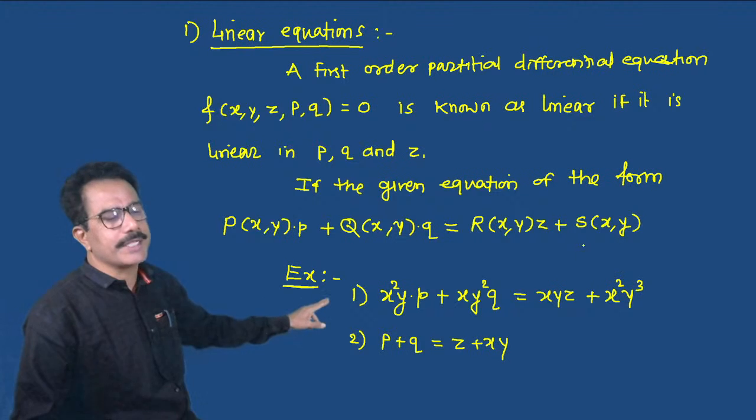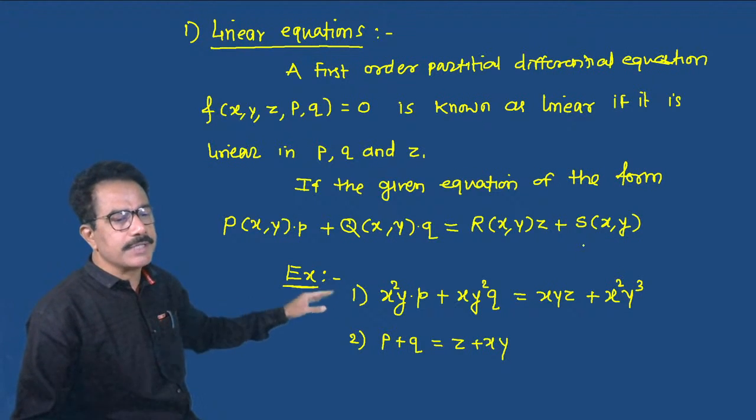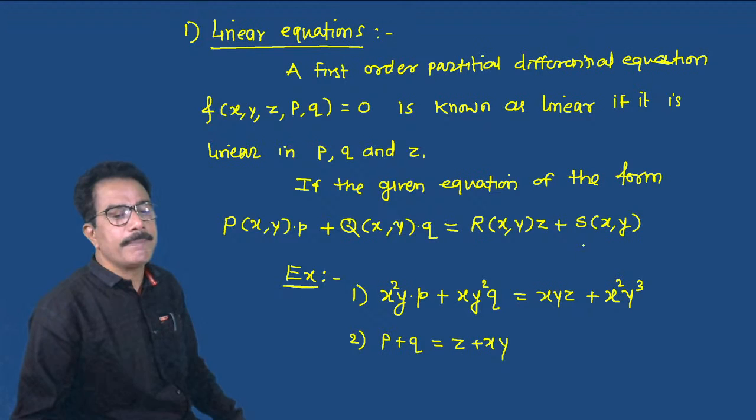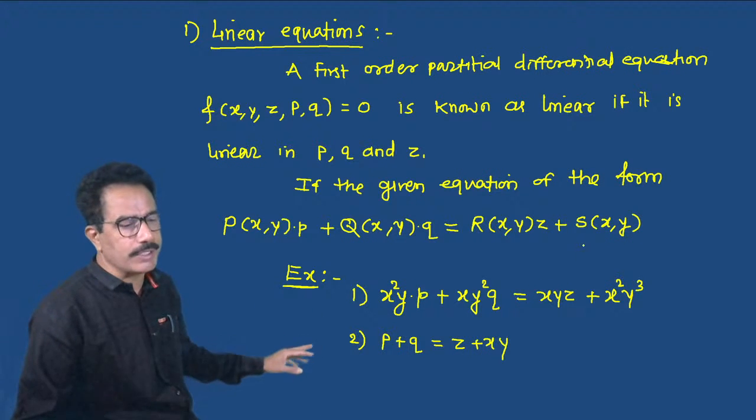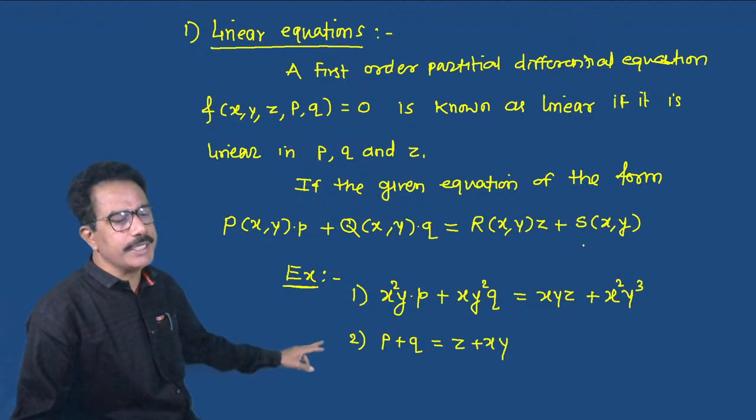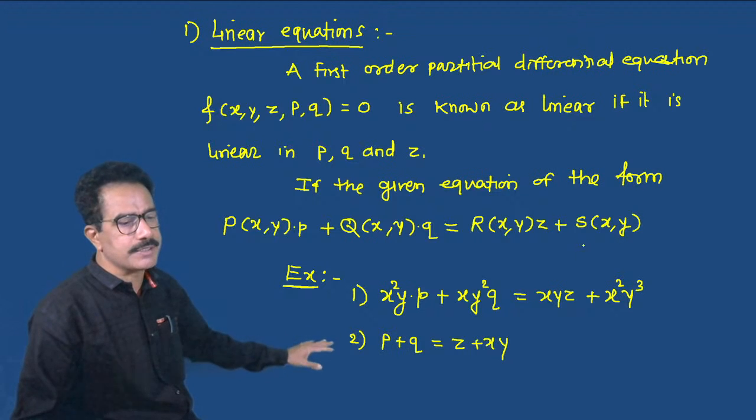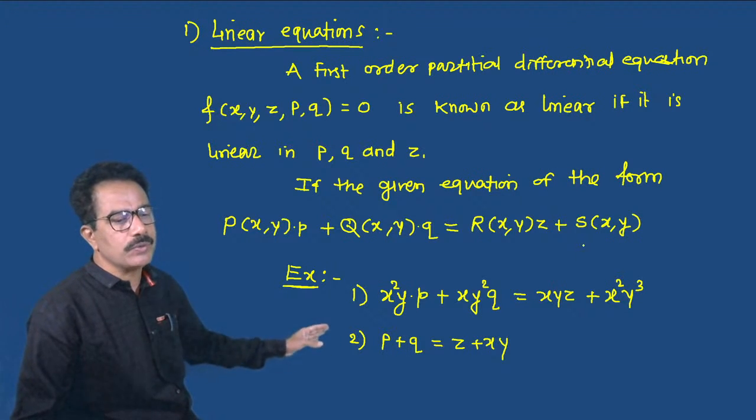See this, for example, x square y p plus x y square into q equals x y z plus x square y cube. This is also linear. Another: p plus q equals z plus xy.